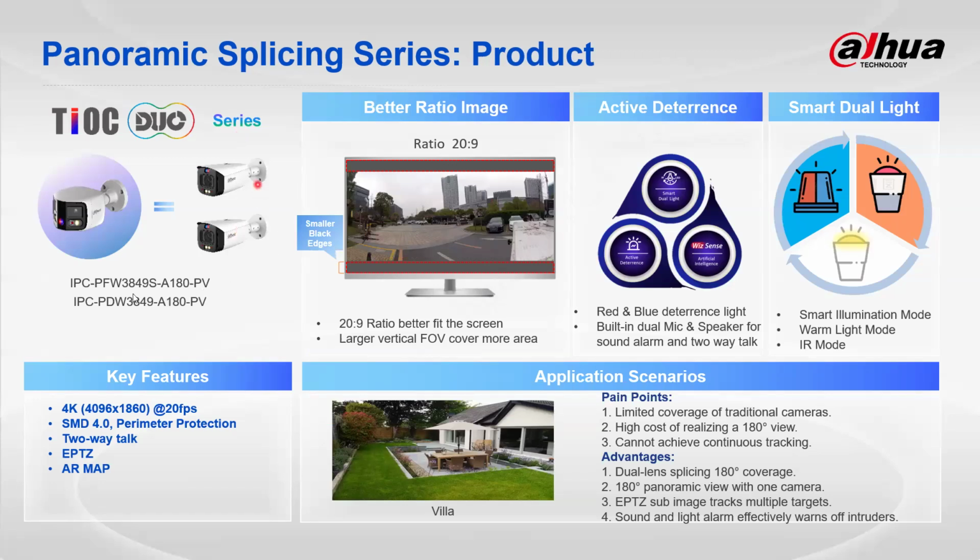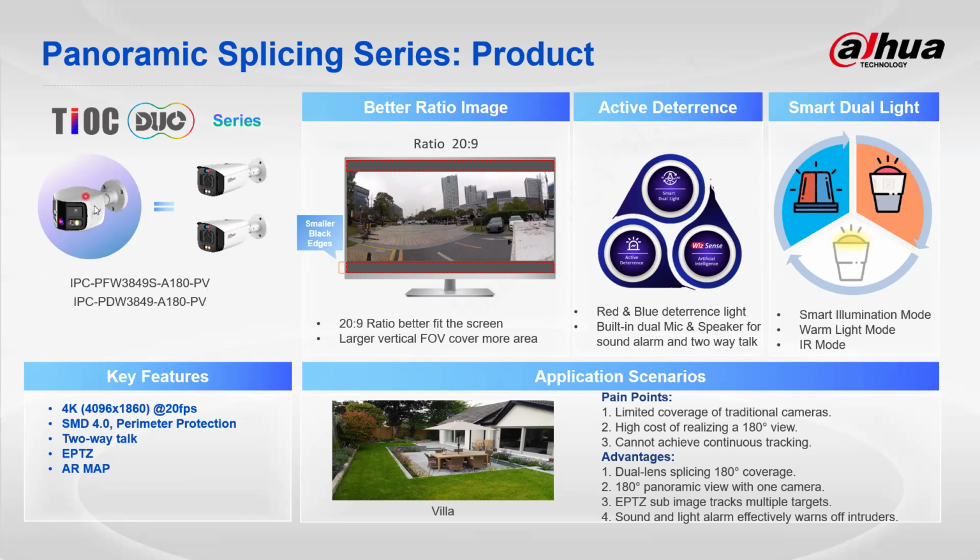So we have, for example, the PFW 3849S and the PDW 3849S. You can see from this particular case, we have a bullet and an eyeball for these two particular models. So this is a bullet, and there's another eyeball at that end.